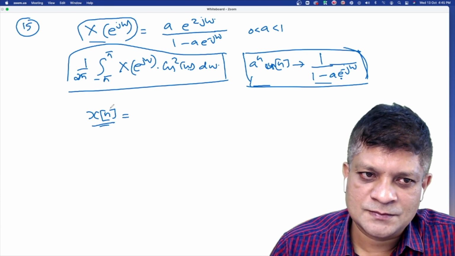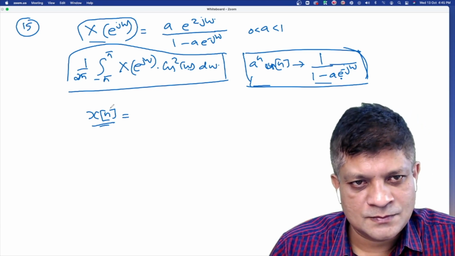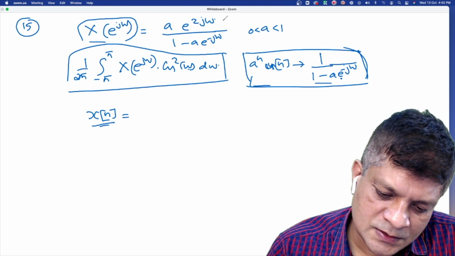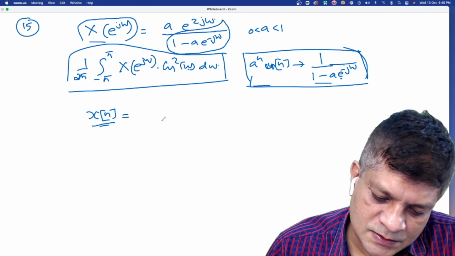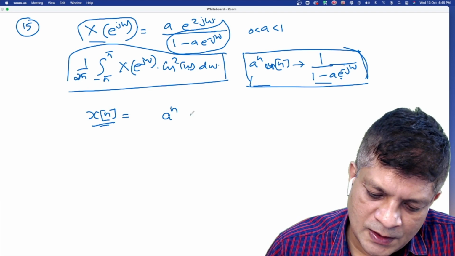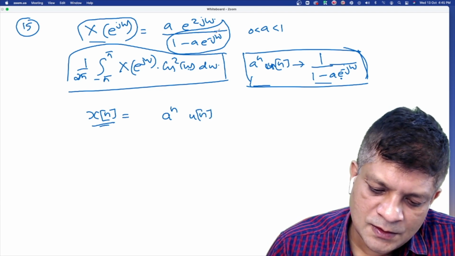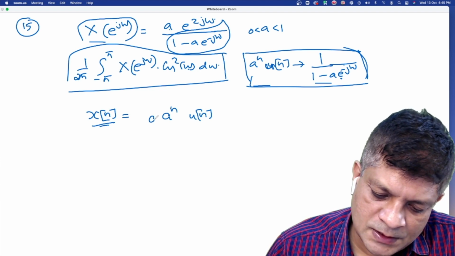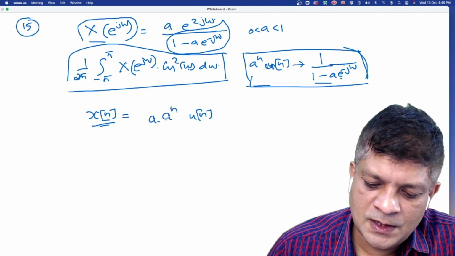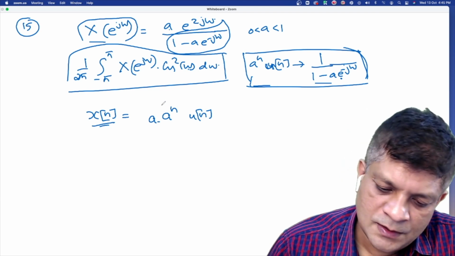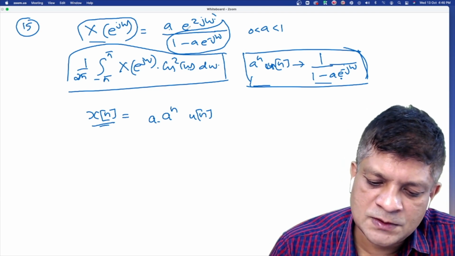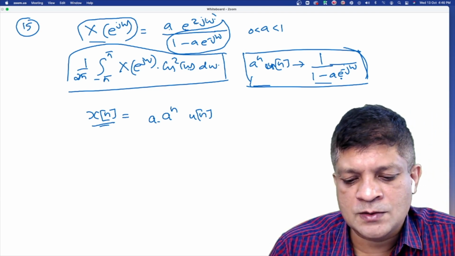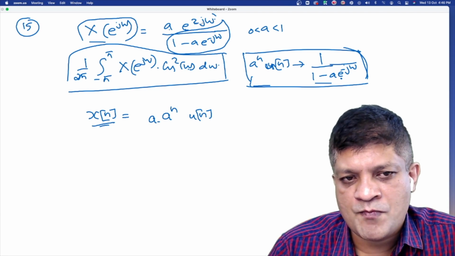A to the power n plus 3 u of n plus 2. If you consider this part, it is a to the power n u of n, isn't it? If you consider this part, there is a multiplication by a. So a into a to the power n u of n. Now what is this effect? Effect of this multiplication with e to the power j 2 omega.